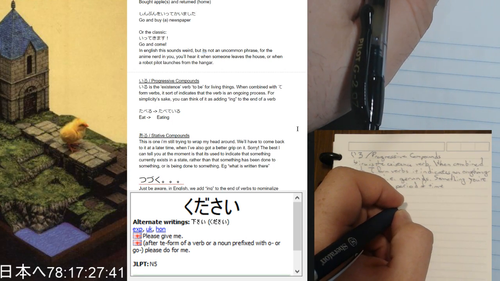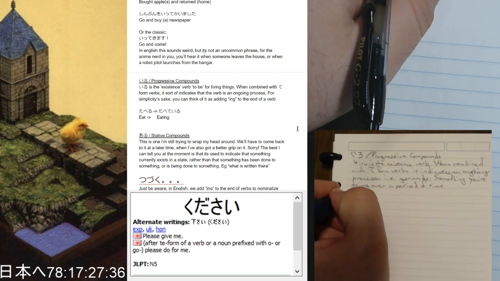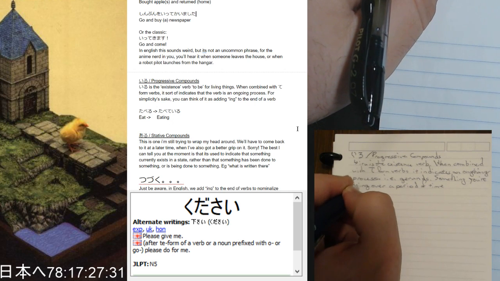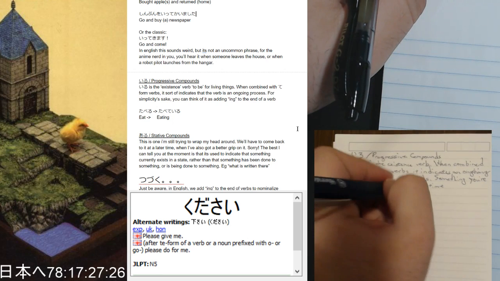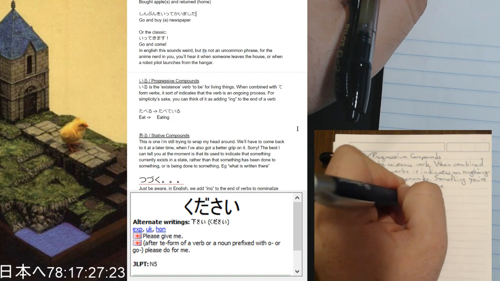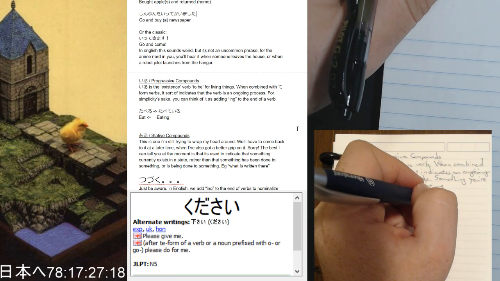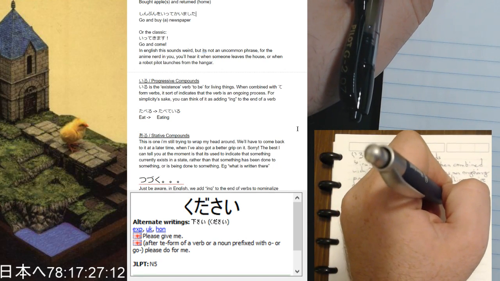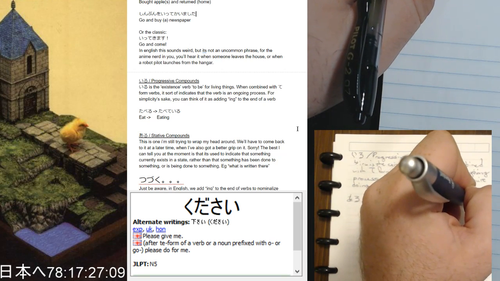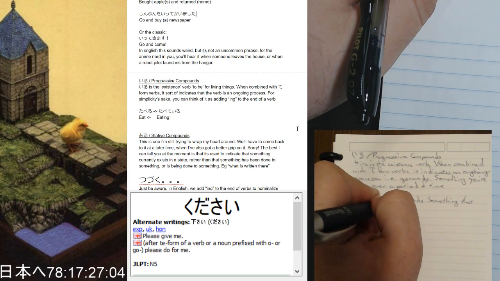Alright. And the last one here is one that I'm still struggling with. Aru. Technically, I don't know if this is supposed to be the aru that is paired with iru, as in iru and aru, the two existing verbs, where iru is for living creatures and aru is for inanimate objects. But aru is another te form additive.